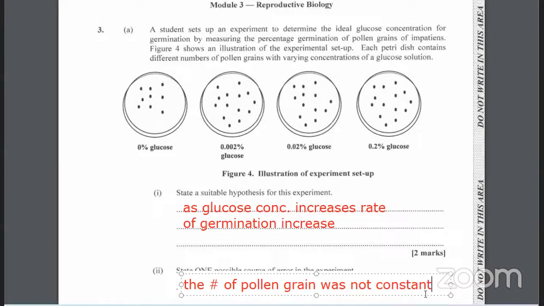So because we're looking at glucose concentration, we cannot be increasing the amount of pollen grain, because the more pollen grain, then the more glucose that would be needed. So they should have been using the same amount of pollen grain.